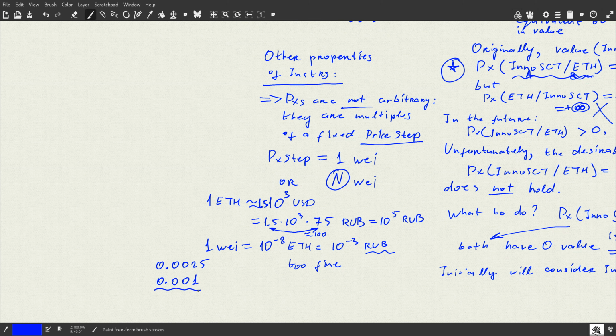Excuse me, I believe one wei is 10 to the power of minus 18, not minus 8. Sorry, 18? Oh, yes. Apologies, of course, it's my fault. And in that case, you're right, thank you. It is not 10 to minus 3, but 10 to minus 13, and it is definitely too fine. It is really too fine.